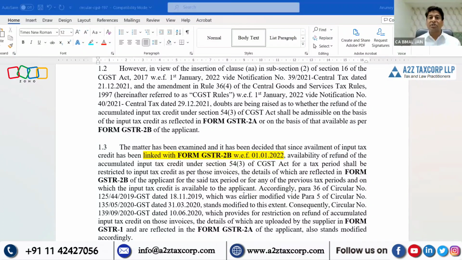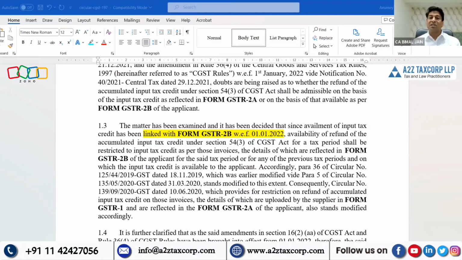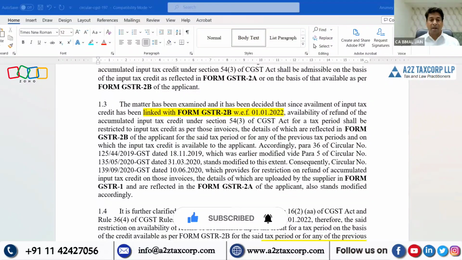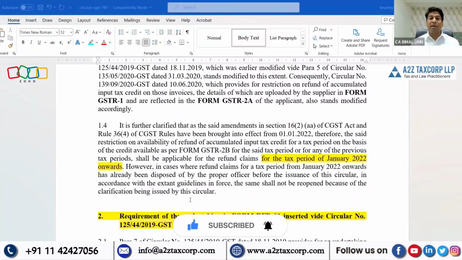With effect from 1st January 2022, reference of 2B is going to be important, and to that extent, whatever circular was issued in the past got modified and amended. So it is applicable for the tax period of January 2022 and onwards.